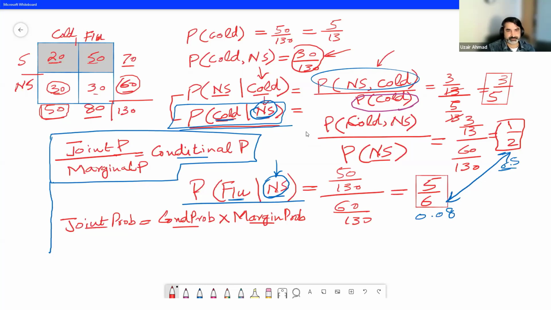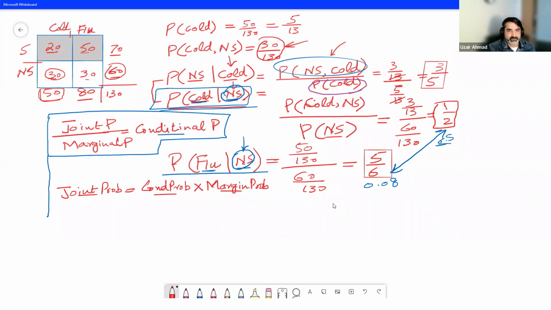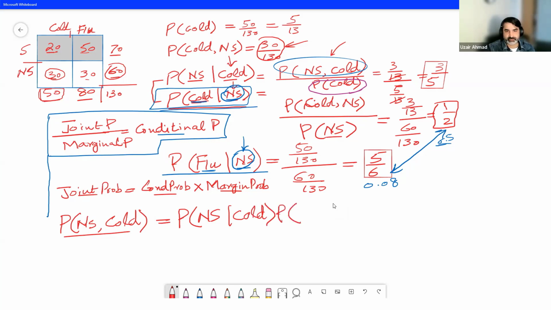That means, in our case, joint probability is having a symptom, let's say not sneezing, and having a diagnosis, cold. This is joint probability. In conditional probability, we can write it as probability of not sneezing, given that the person has cold, multiplied by the marginal of whatever we have in the given information.